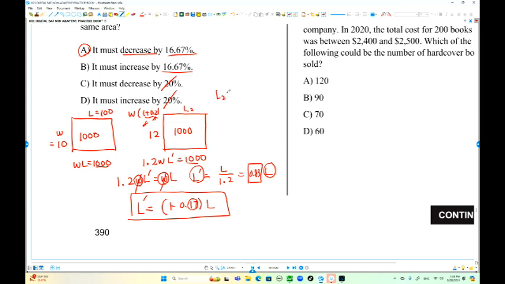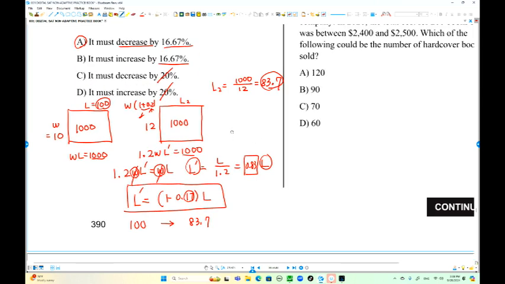What is L2? 1,000 area over width 12, that is 83.3. That is L2. What happened between these two lengths? Before it was 100, now it is 83.3. That is the percent decrease.